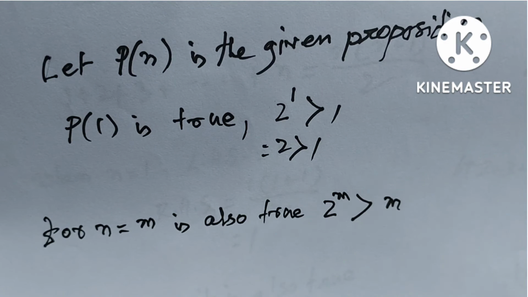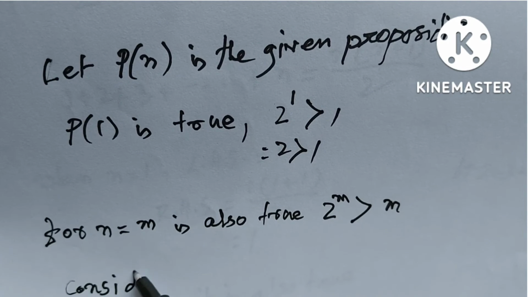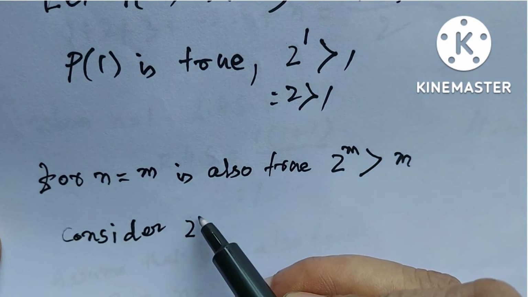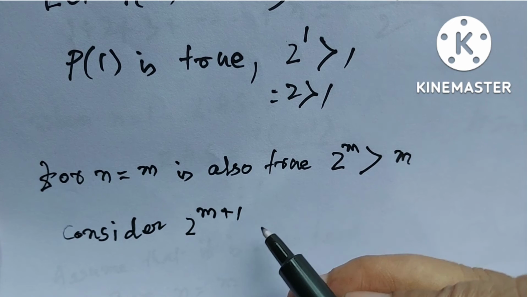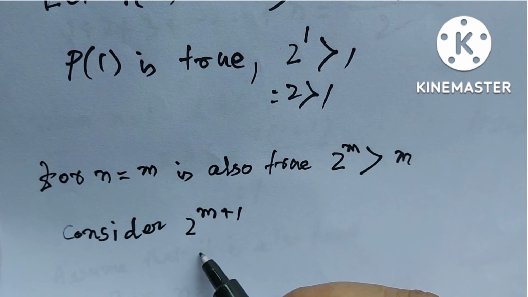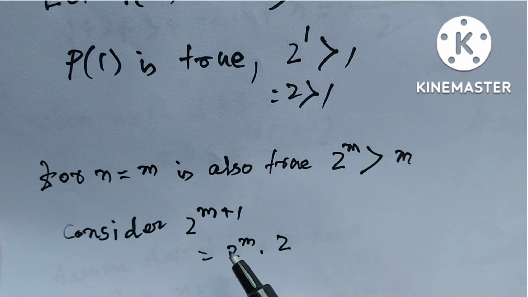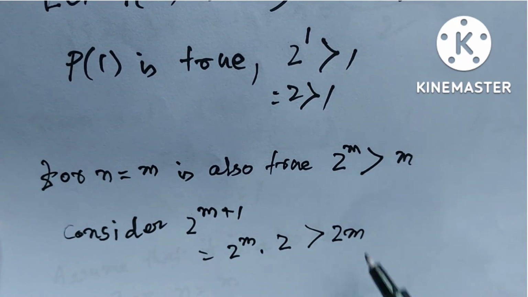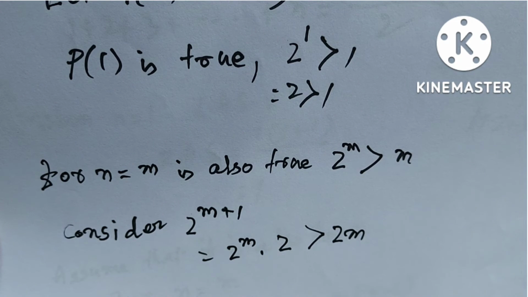Now consider 2 to the power m plus 1 is equal to 2 to the power m into 2. 2 to the power m greater than m, that is, greater than 2m is equal to m plus m.